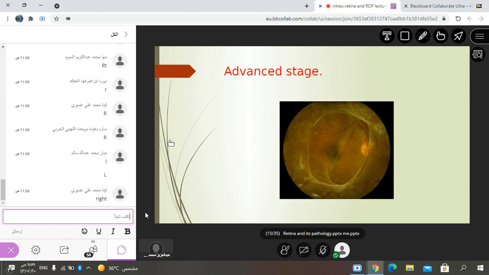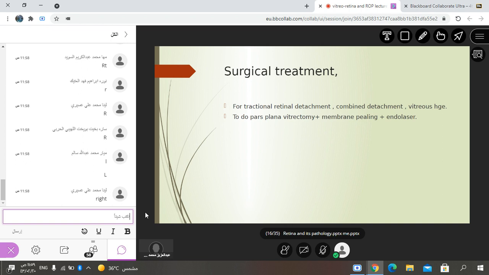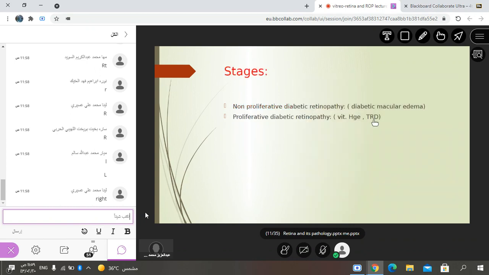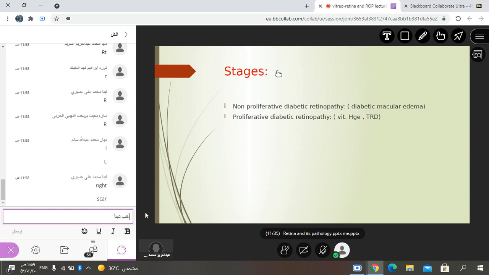So this is the advanced stage. This is what's called tractional retinal detachment. Why is it detachment? Because there is fibrosis, and it is this one. Okay, so it's not a scar. It's not related to trauma. It's not scarring. It is proliferation actually.